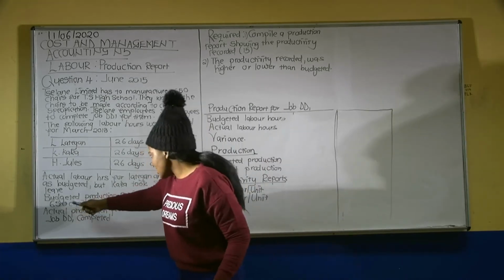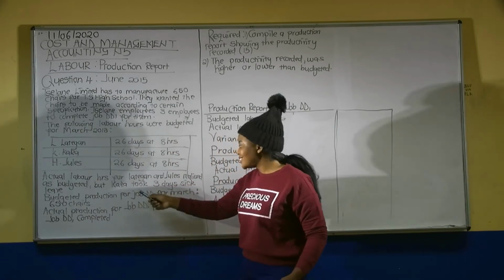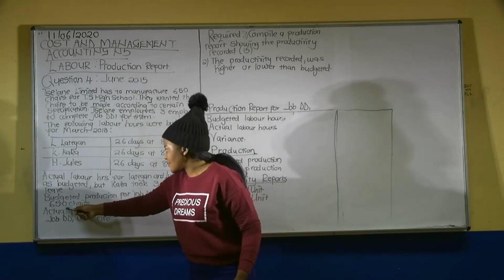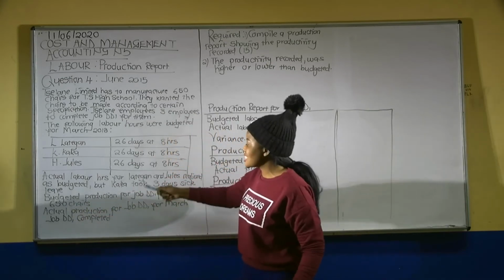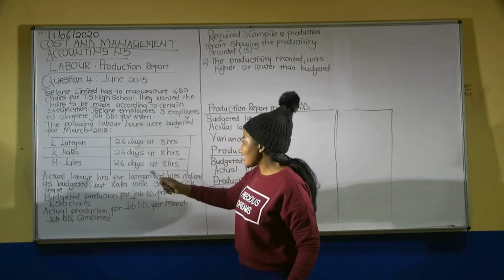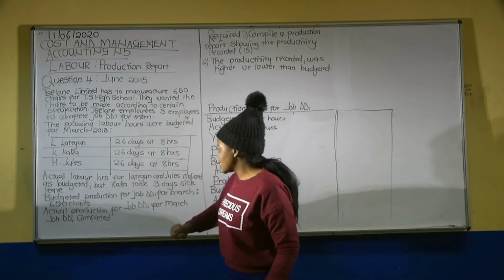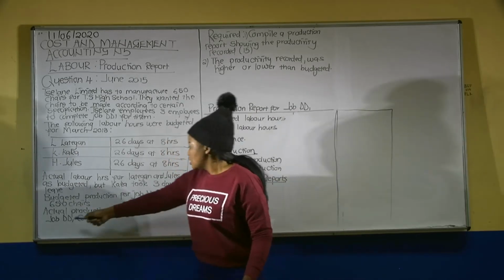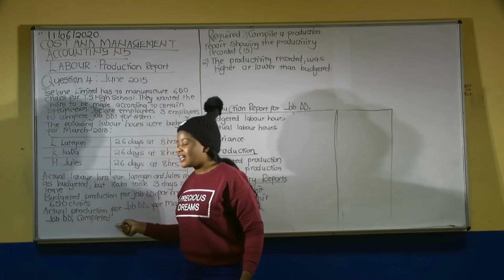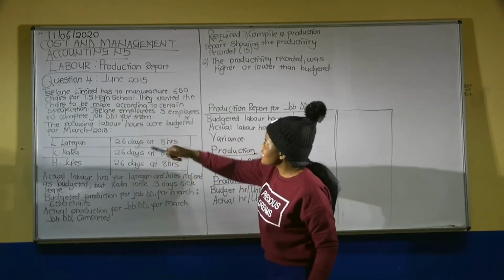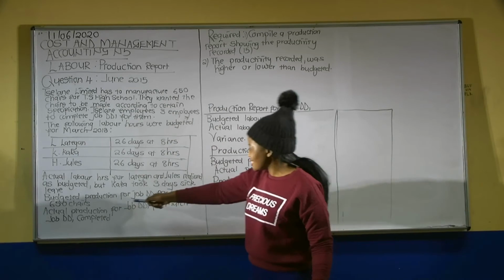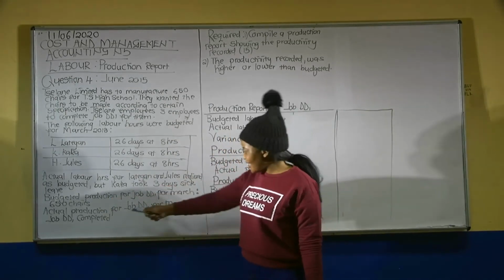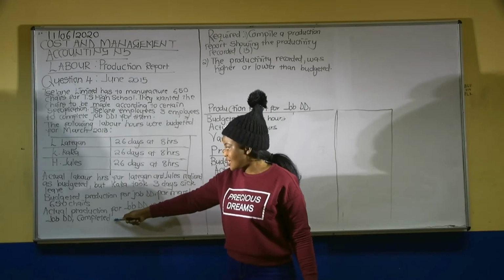Then the question says budgeted production for job DD1 for March is 650 chairs. What did they actually manufacture? Actual production for job DD1 for March was completed, meaning Selane Limited budgeted to produce 650 chairs, and in actual fact they managed to produce those 650 chairs.